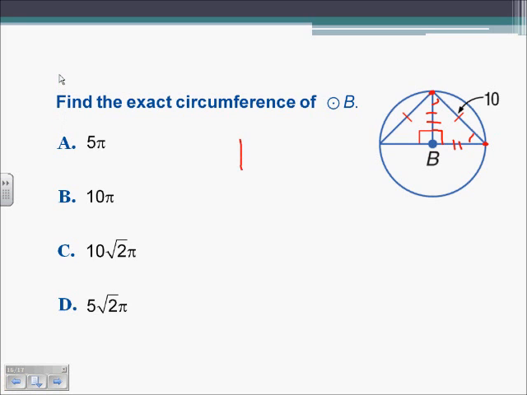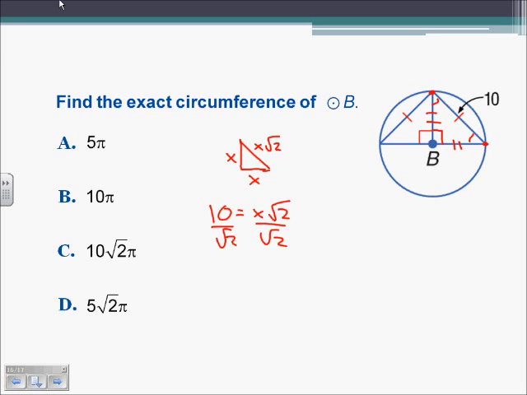So in our normal 45, 45, 90s, we would label the hypotenuse as x times the square root of 2 and the other two sides as x. They give us the hypotenuse of that triangle to be 10. So we know 10 equals x times the square root of 2. To solve for either one of those legs, we need to divide by the square root of 2.